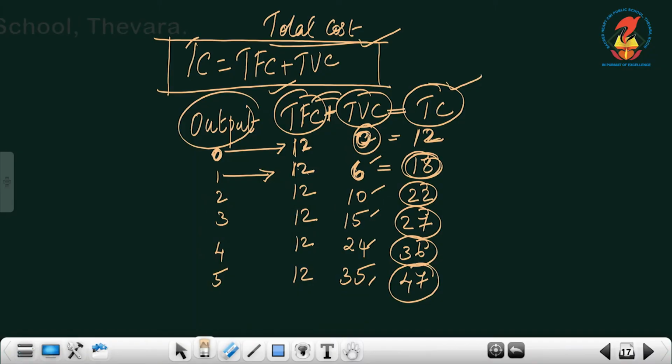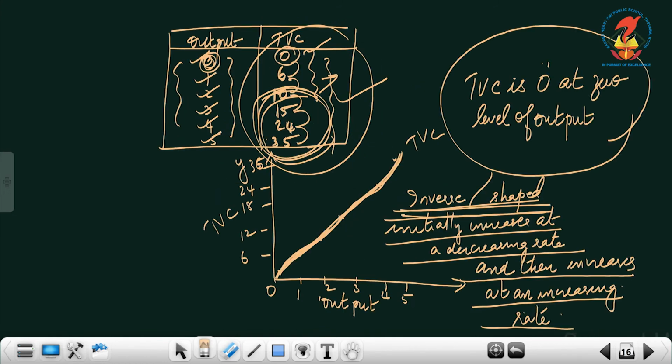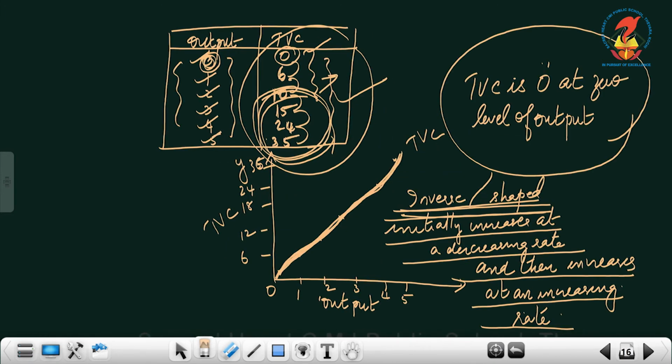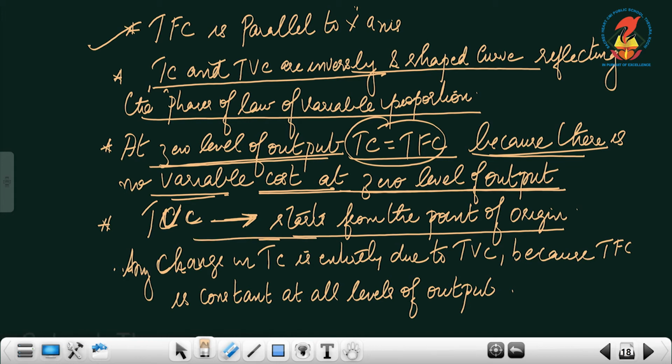Okay. Now the next point is TC and TVC start from the point of origin. Now you have drawn the diagrams of both TFC and TVC. Now here you can find TFC starts from the value 12 and TVC starts from 0. TVC starts from the point of origin. Why does TVC start from the point of origin?